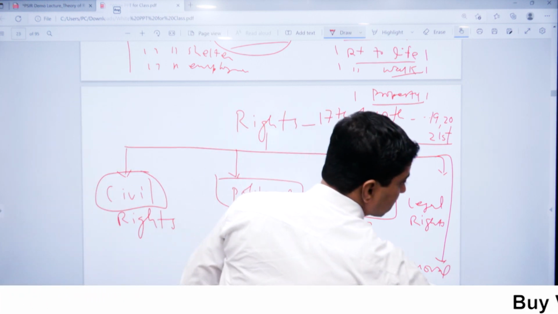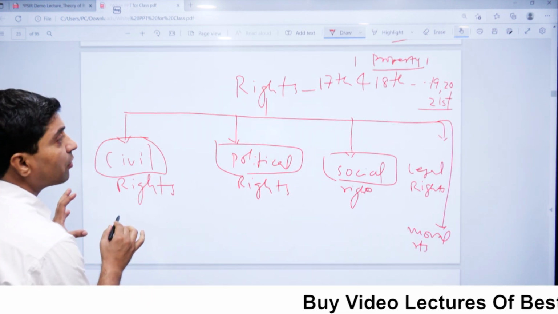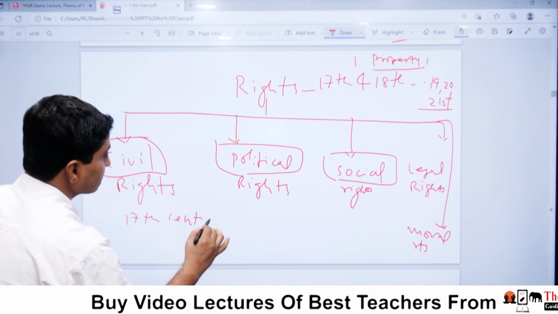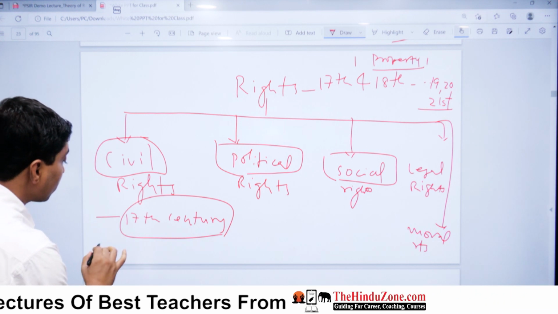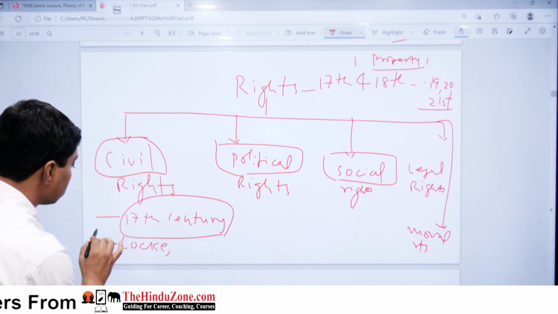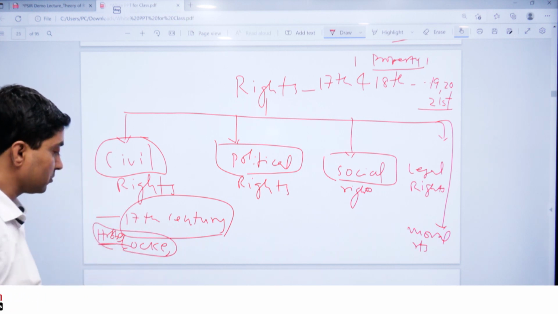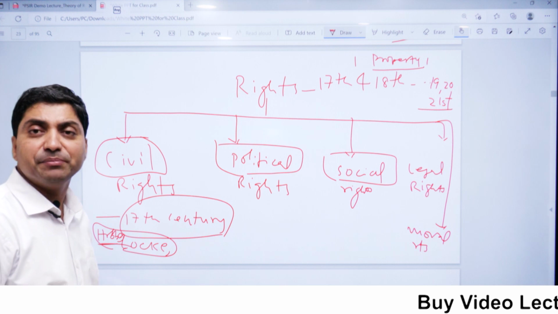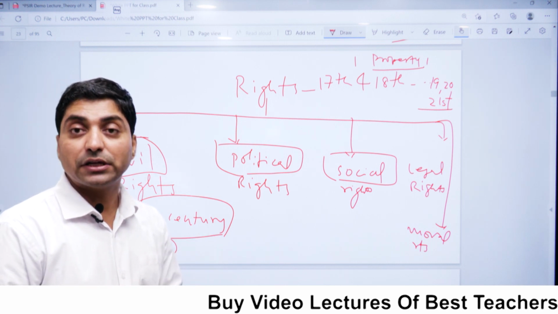Now look at civil rights. Civil rights emerged in the 17th century, and here you can see Locke and Hobbes are the major philosophers who talk about civil rights. Civil rights mean the right to property, right to liberty, right to freedom, right to life.